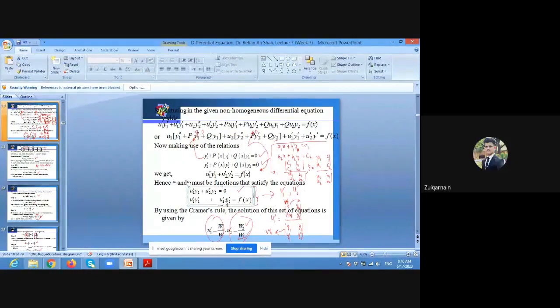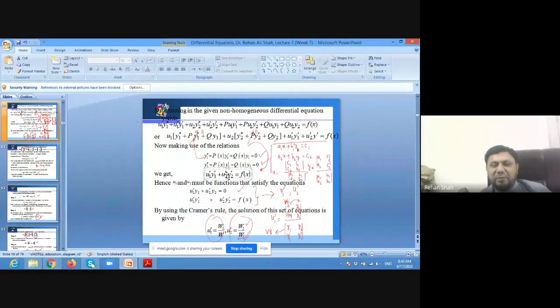If you put the values of yp, y dash p, y double dash p in equation 1, you will get this equation: u1 dash y1 dash plus u2 dash y2 dash equal to f of x.